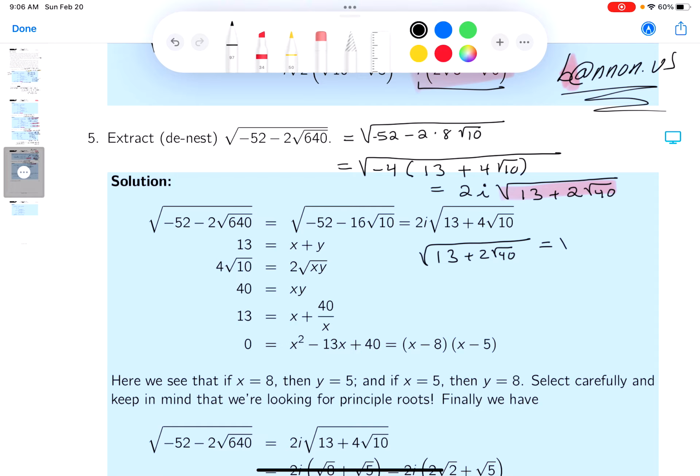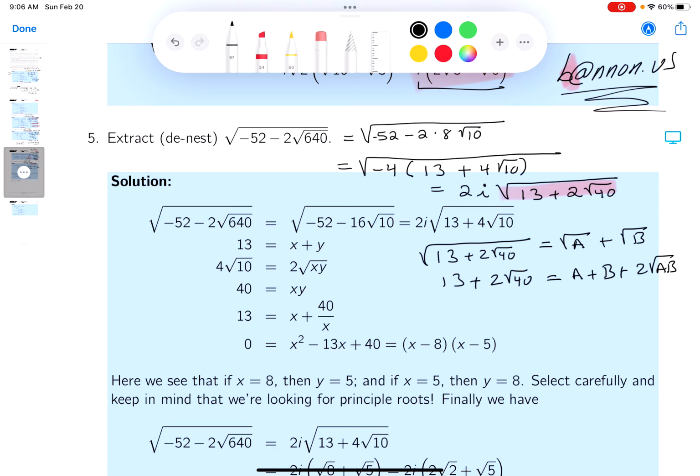I'm going to say this looks like root A plus root B, square it, equate, and AB is 40.